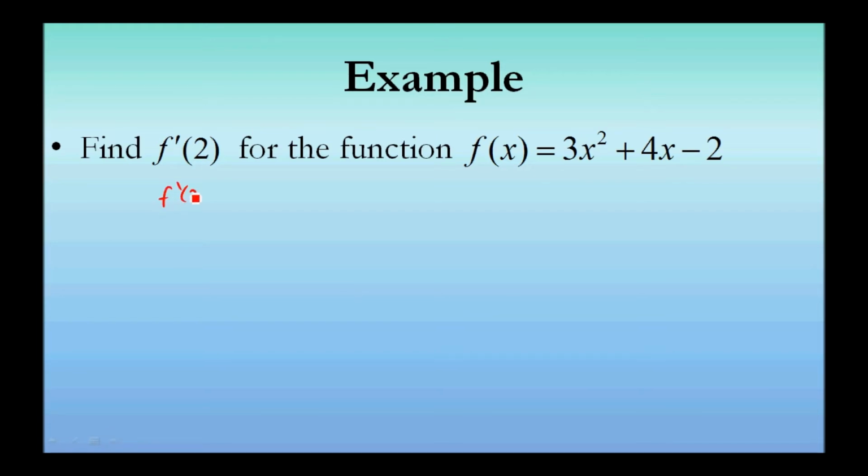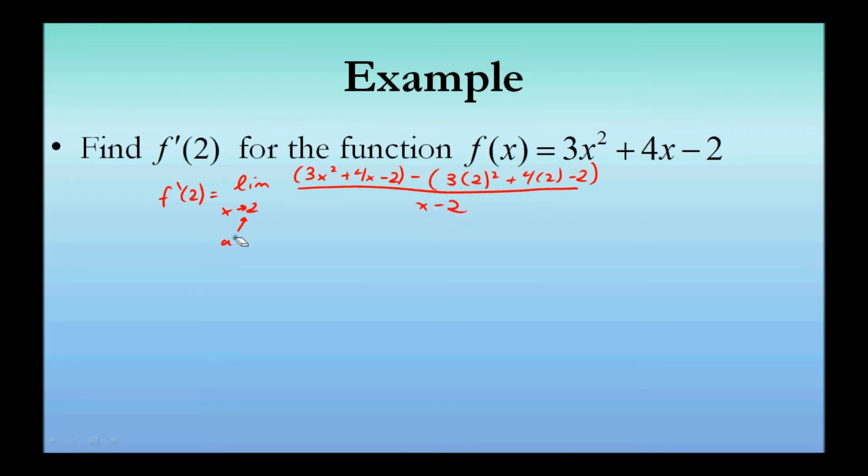So f prime of 2 is equal to the limit as x approaches 2 of 3x squared plus 4x minus 2 minus, so right now we have f of x, so then we're going to subtract f of a, because x approaches a, so that's a, so 3 times 2 squared plus 4 times 2 minus 2, all divided by x minus a, where a is 2.